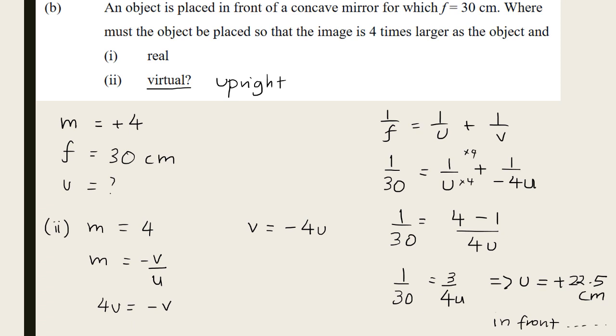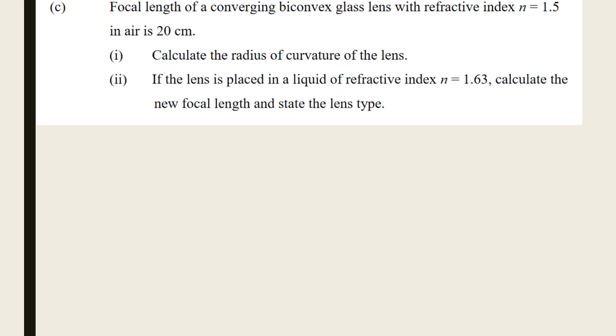So I hope you understood the way we solve this question. Please pay attention to the sign convention for m, magnification. Okay, let's proceed with the last part of the question.